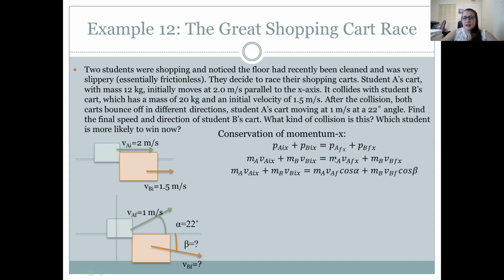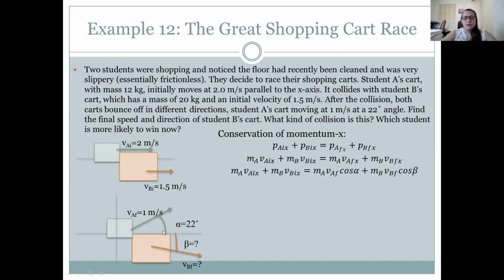And we can see there that in our final velocity in the x direction, we have to start using our trig functions again. Since this final velocity is off at an angle, and we're only looking at the x direction, we just need the x component of our final velocity.